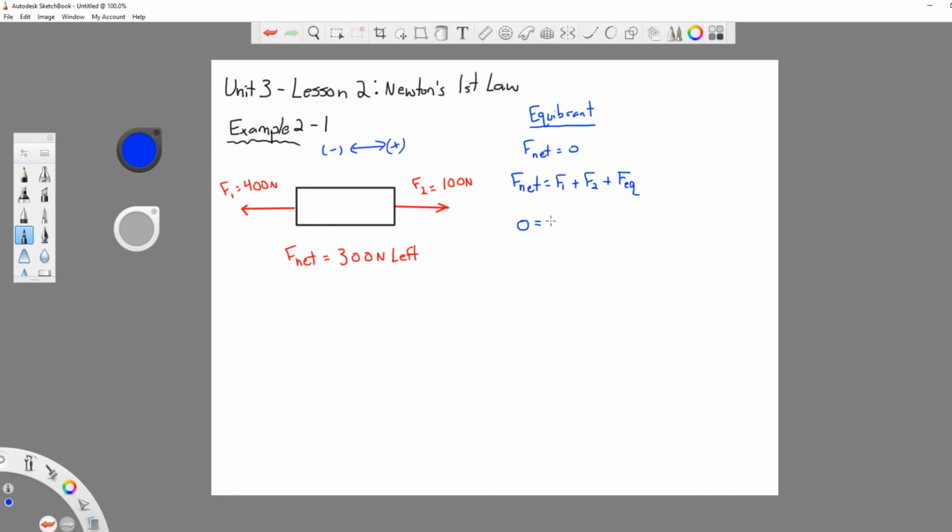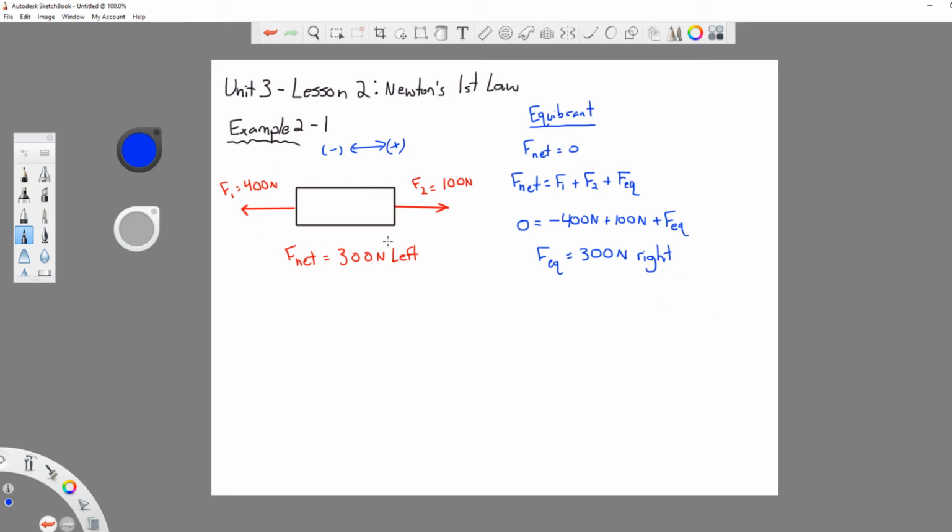So this is going to be negative 400 newtons plus 100 newtons. All right, here's our F2 plus the force equilibrant. Okay, well, we can just rearrange this, and we do some plug-in, and we will say this is what 400 goes to positive minus 100. Force equilibrant will equal 300 newtons right.